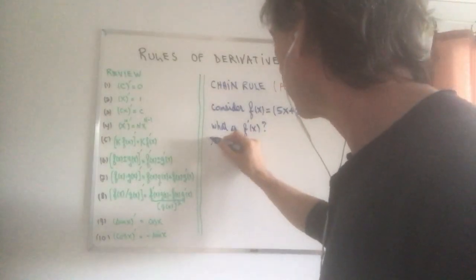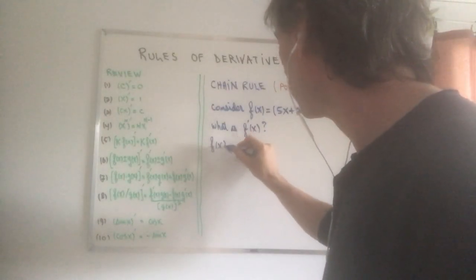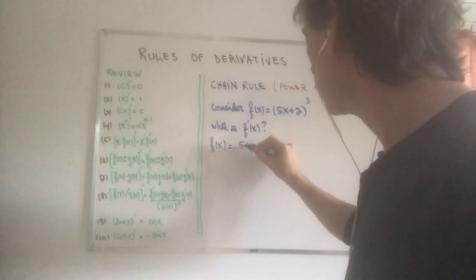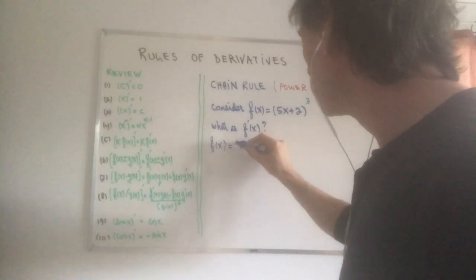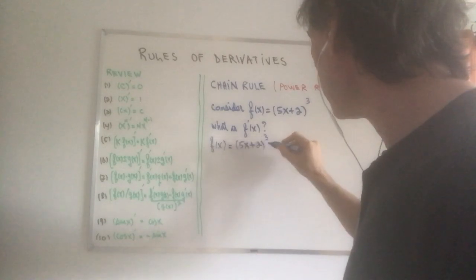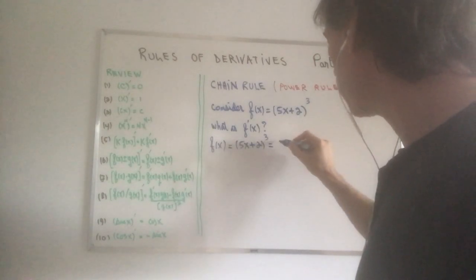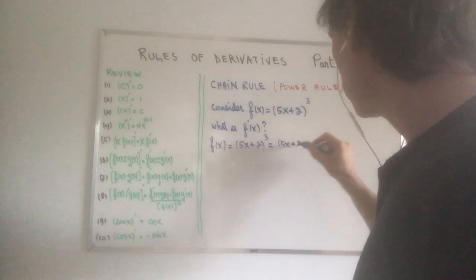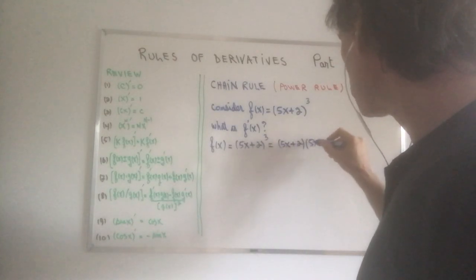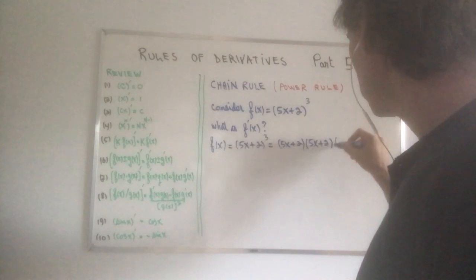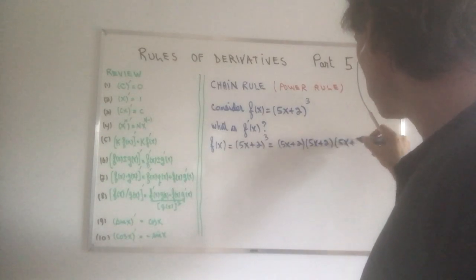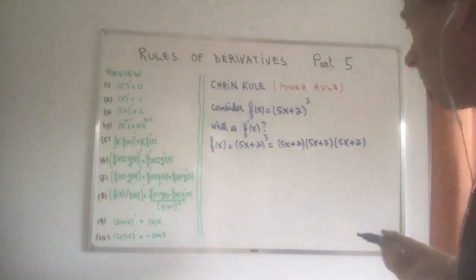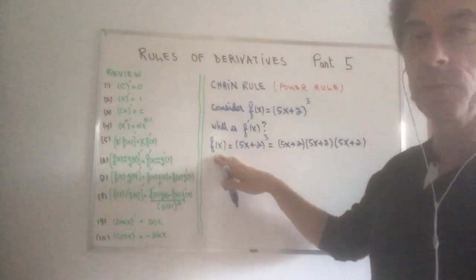So f of x is (5x plus 2) to the power of 3. What is that? It is, of course, (5x plus 2) times (5x plus 2) times (5x plus 2). Notice that I'm not dealing with f prime quite yet.